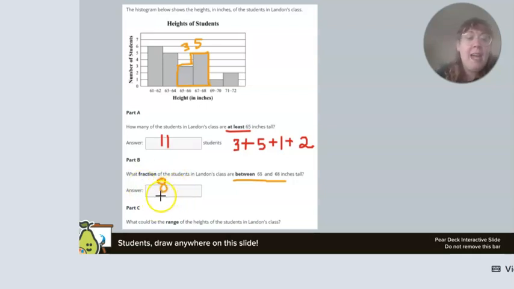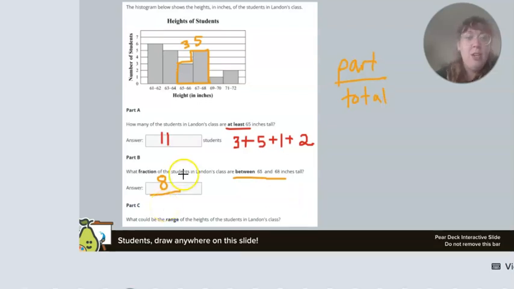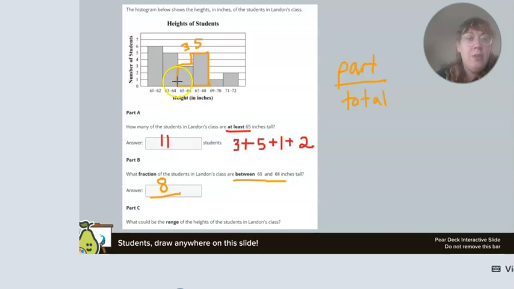But we want it as a fraction, and fractions are always part over total, right? So 8 of those students are in that fraction, but the total amount of students we have is 6 from the first column here, and then 5. And then we have our 3 and our 5.